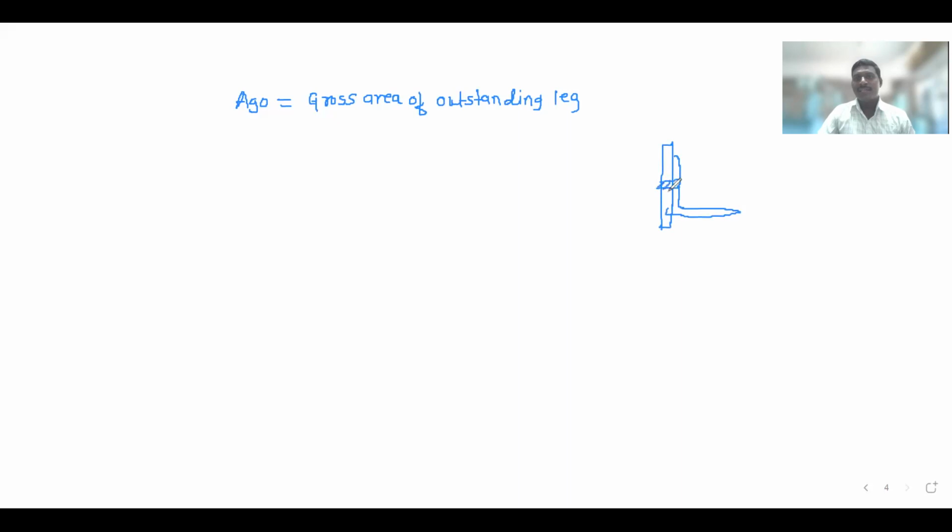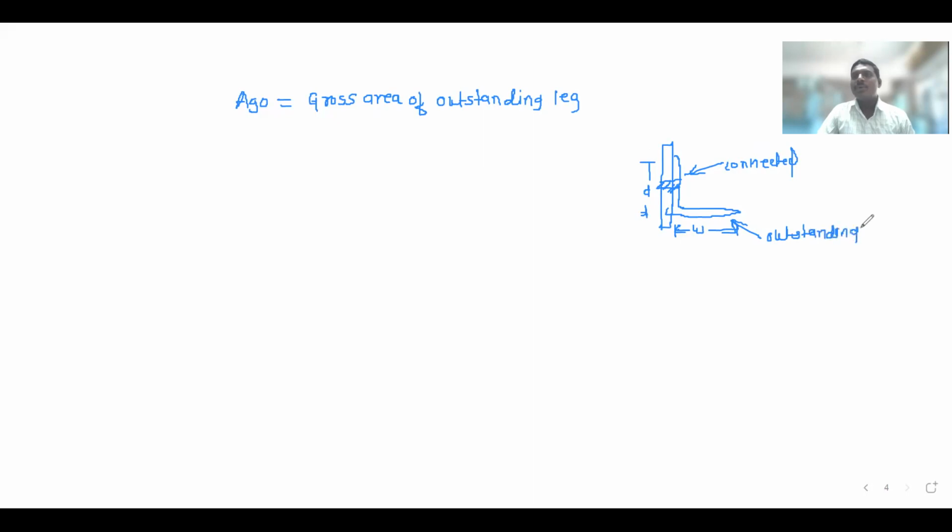This is your connected leg, and this is your outstanding leg. This we call W, as we have shown, and this is your D.